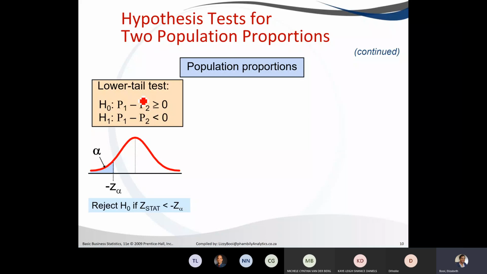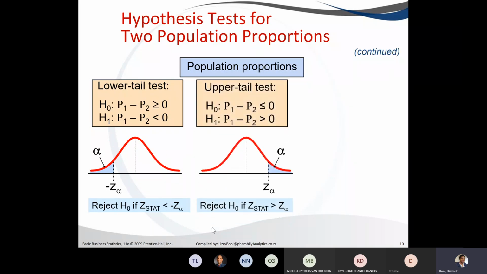Since it's less than, it will be on the negative side. If your test statistic, when you calculate it, falls in the shaded blue area, you reject the null hypothesis. If it falls in the shaded white area, you do not reject the null hypothesis.